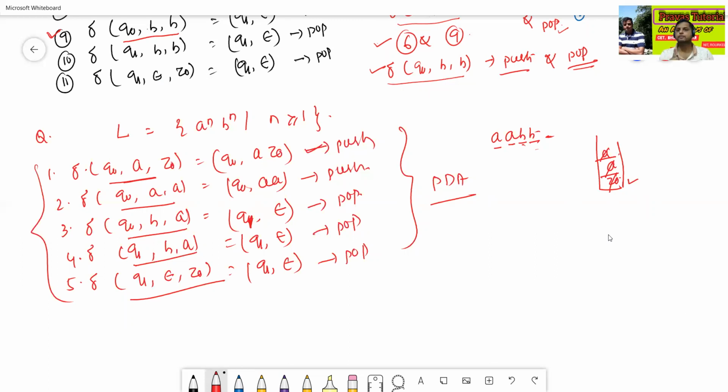Means for one input only one output. So this push down automata is called deterministic, DPDA, deterministic push down automata. But the above PDA is called non-deterministic push down automata.